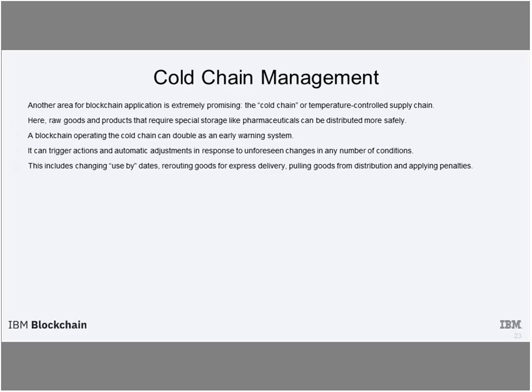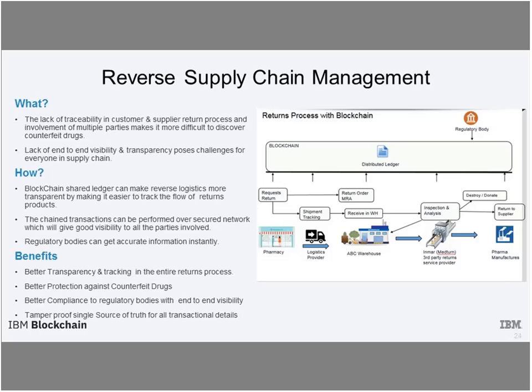Let us go to another use case I have identified, reverse supply chain management. The lack of traceability in the customer and supplier return process and the involvement of multiple parties make it very difficult to discover counterfeit drugs, and the lack of end-to-end visibility and transparency poses a challenge for everyone in the supply chain.